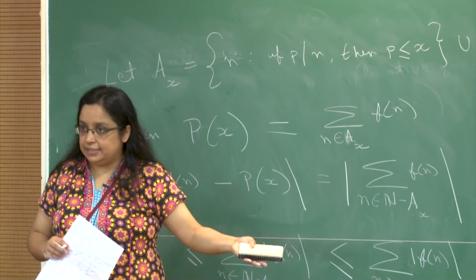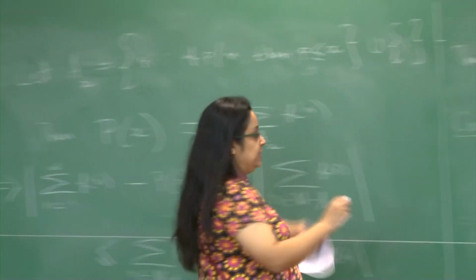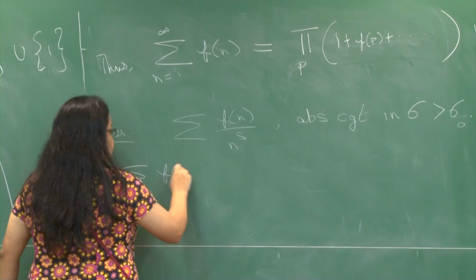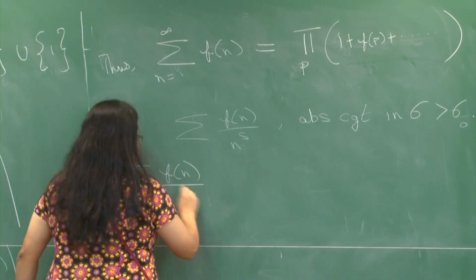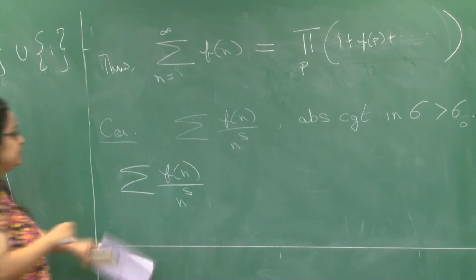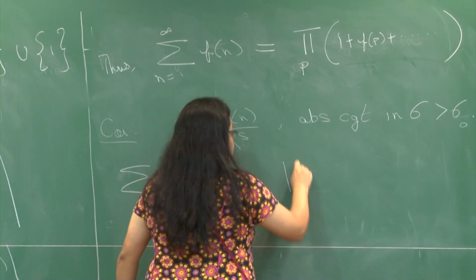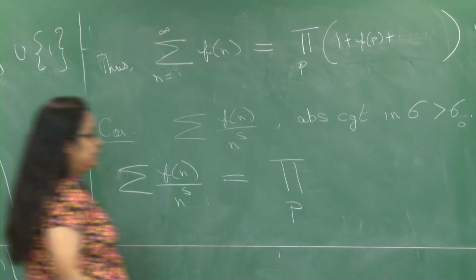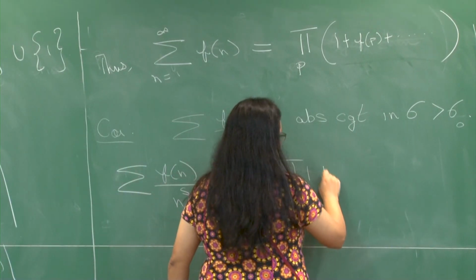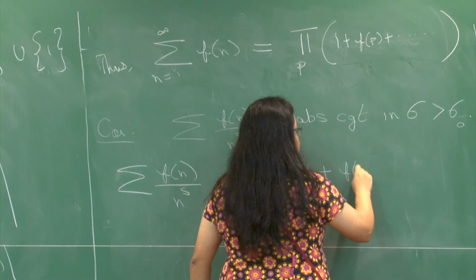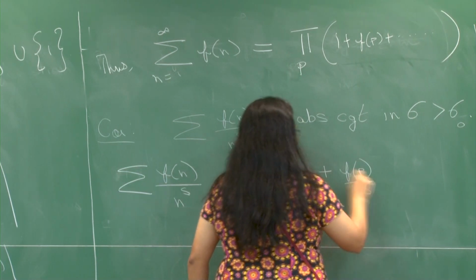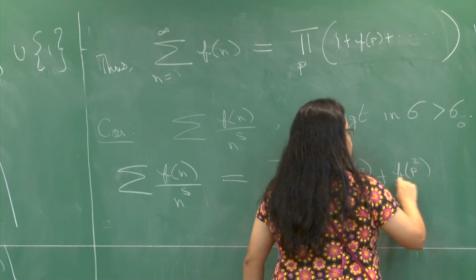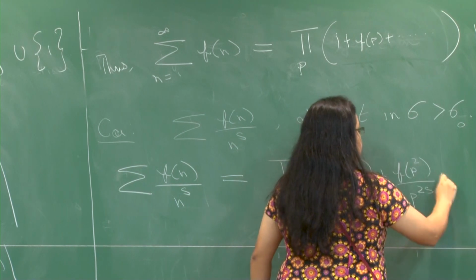This is also a multiplicative function, and therefore, in this domain of absolute convergence, the sum is equal to the infinite product of Euler factors, and so on.